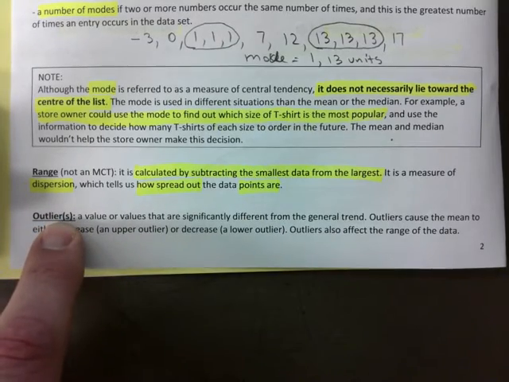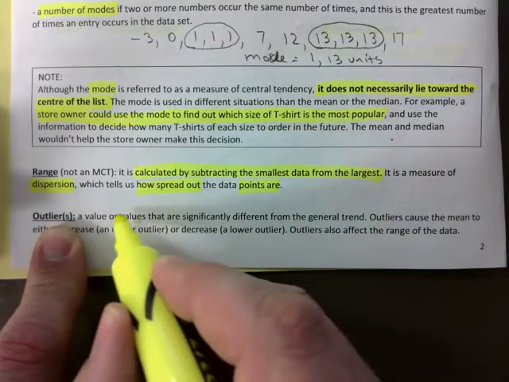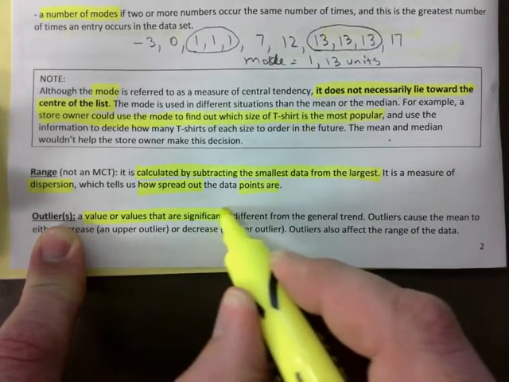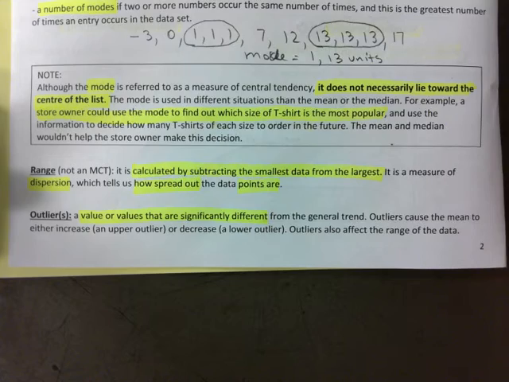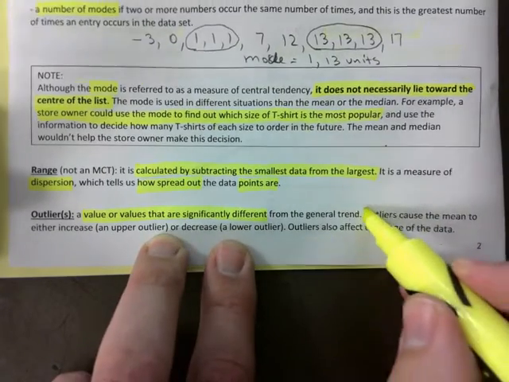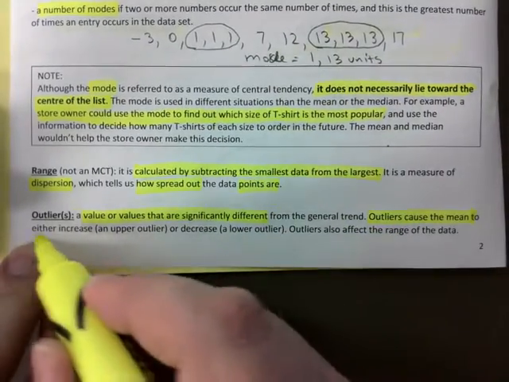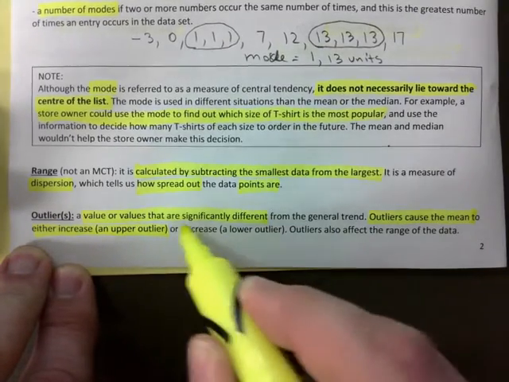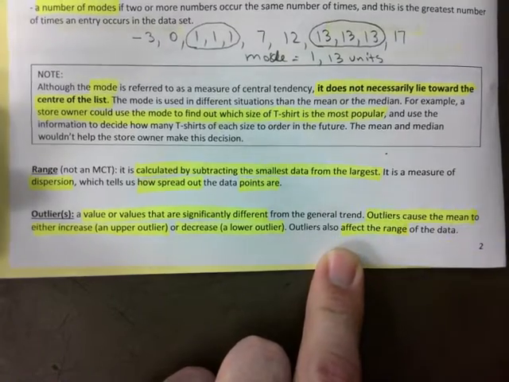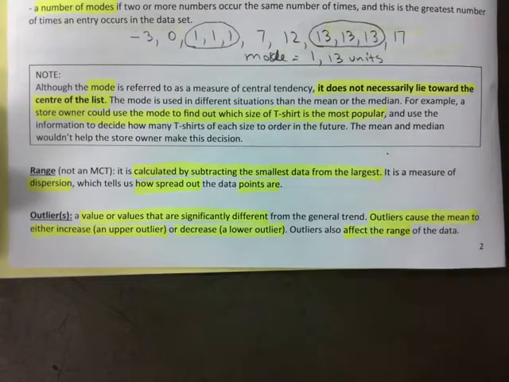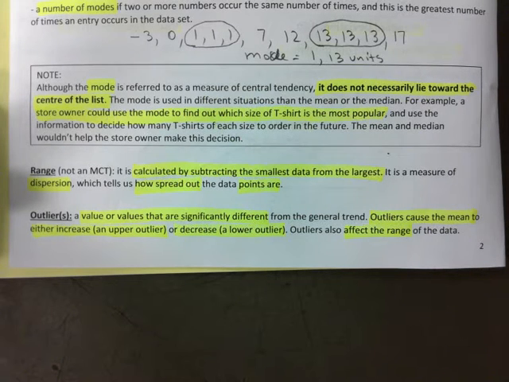Outlier or outliers: its value or values are significantly different from the general trend. Watch this. Outliers cause the mean to either increase or decrease. They also affect the range. What are outliers? I always look at it this way: during COVID, a lot of people made no money all of a sudden.